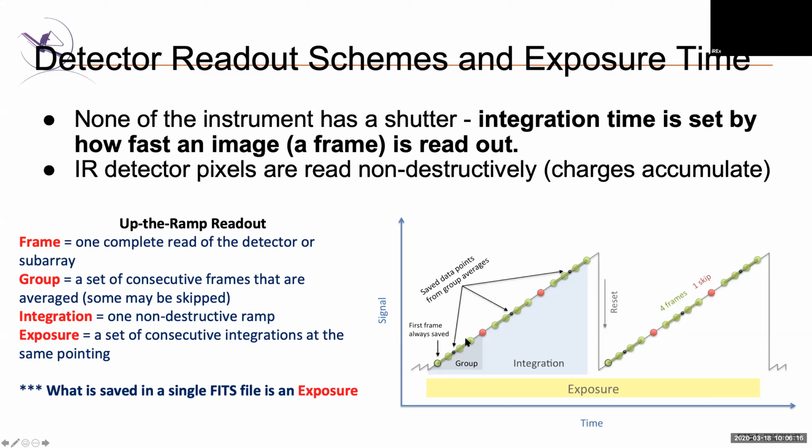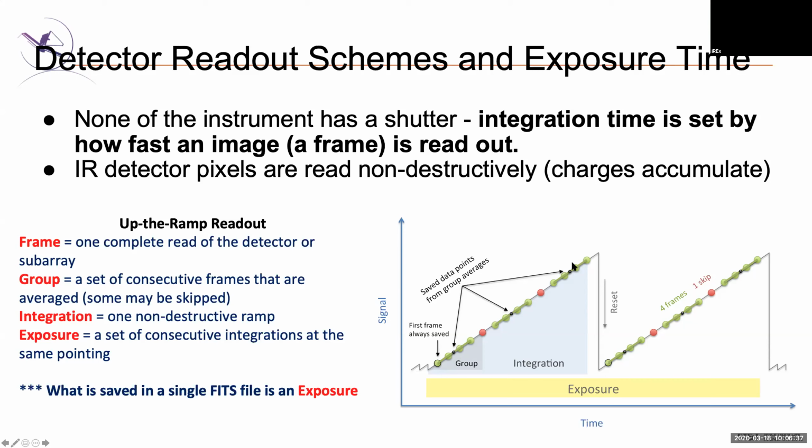And you can also have skipped images. Those are the red points. And so you see that in this case, the integration consists of 3 groups, and each group is 4 frames.